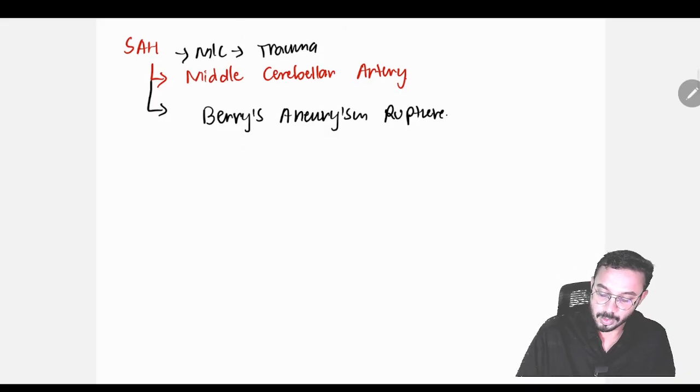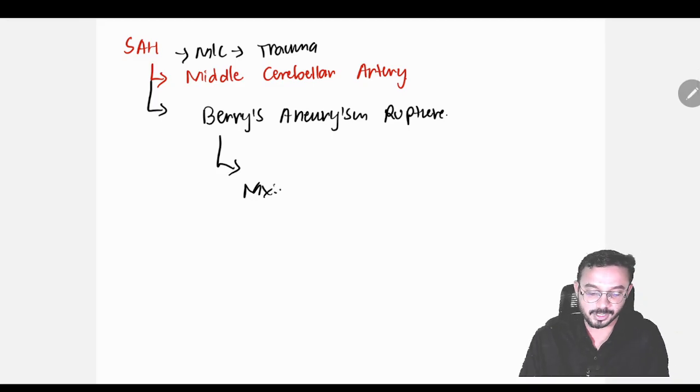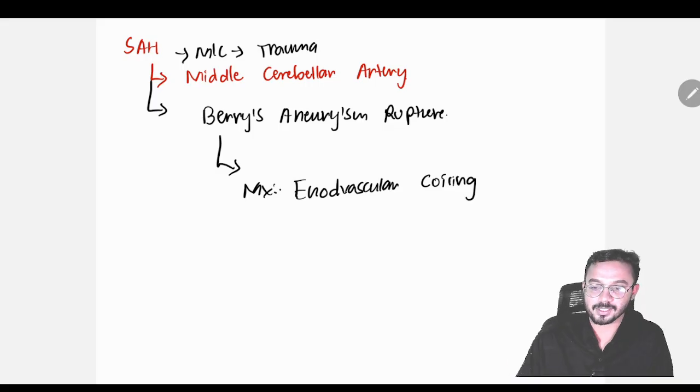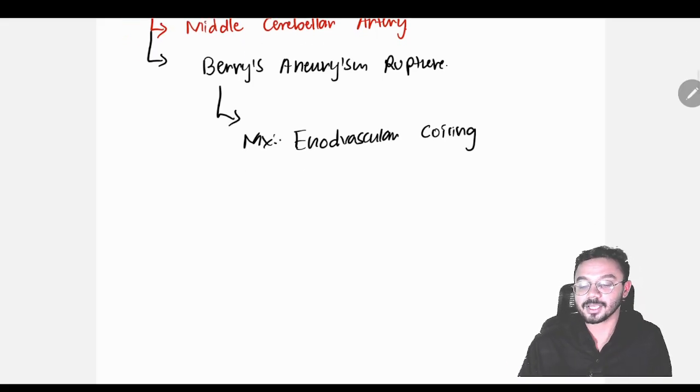Okay, so what is the best management if there is a Berry aneurysm? Tell me. Coiling is the best management, endovascular coiling. So this is best. Why? Coiling is the best procedure, you need not open the brain and all.